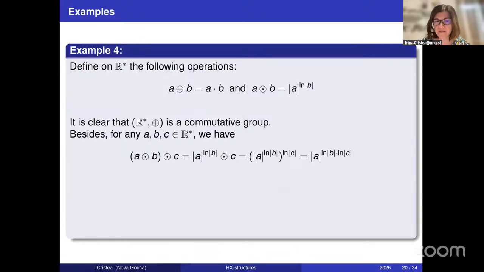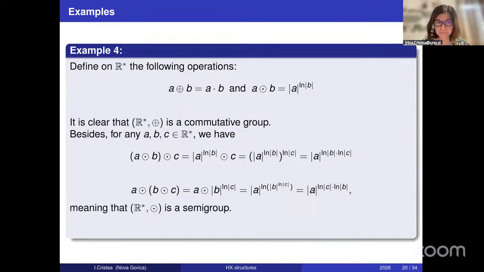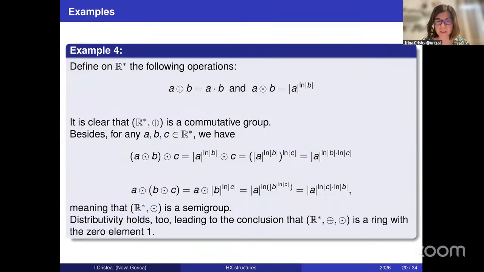The associativity is satisfied based on the properties of the logarithm. So very nicely, the associativity can be checked. And this means that R star with the multiplication is a semigroup.